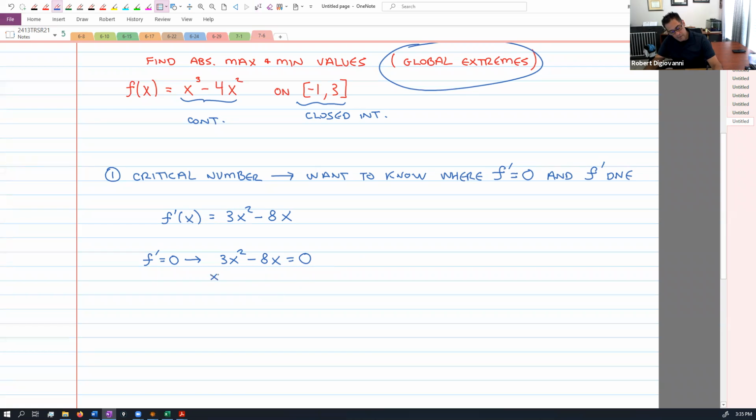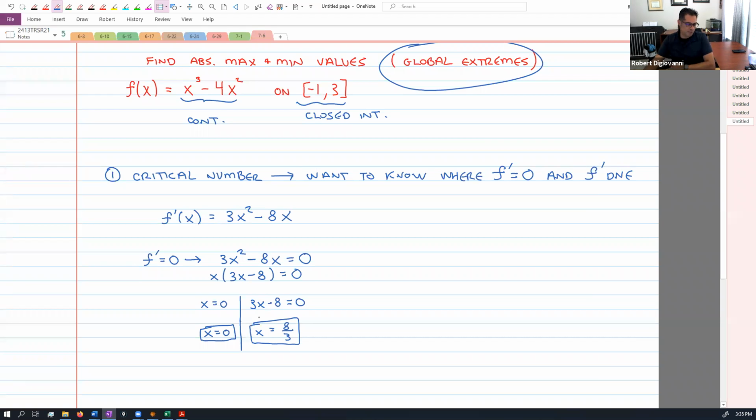I can pull an x out, and I get 3x minus 8. Then I can set each of those factors equal to 0.